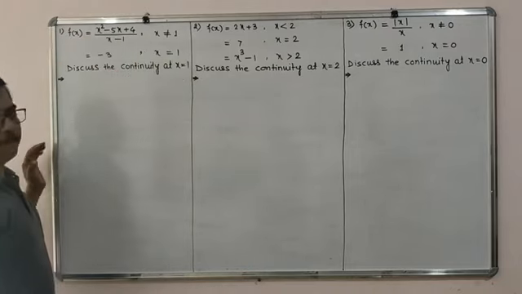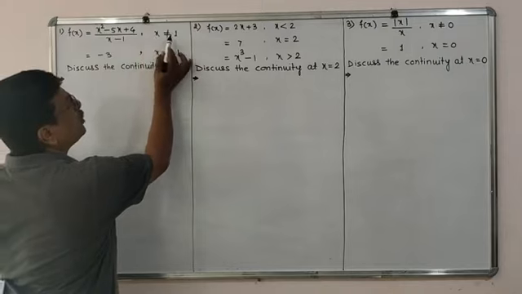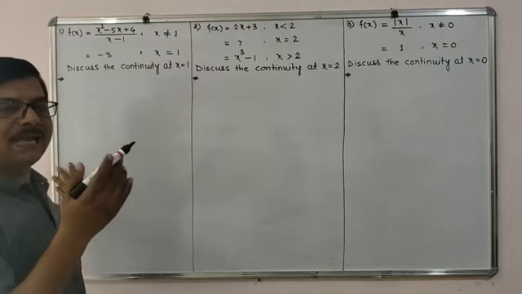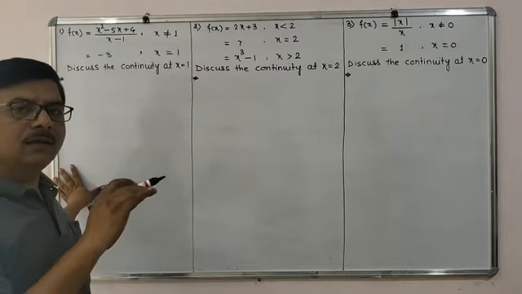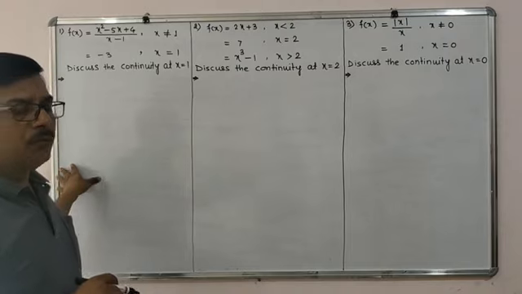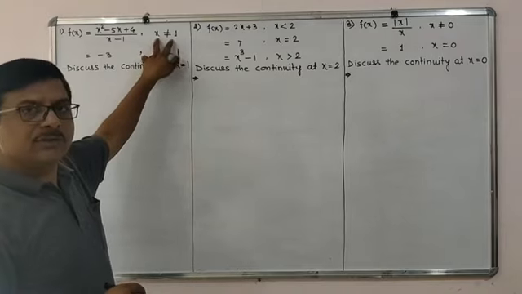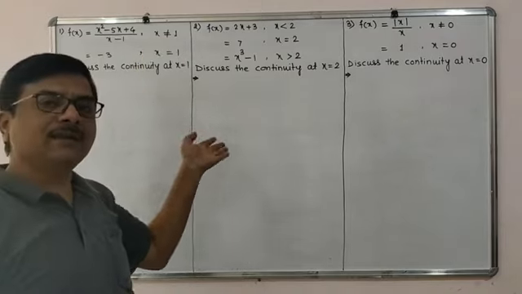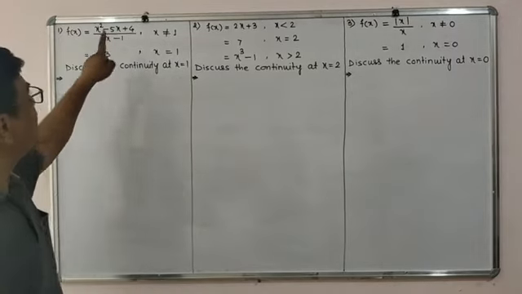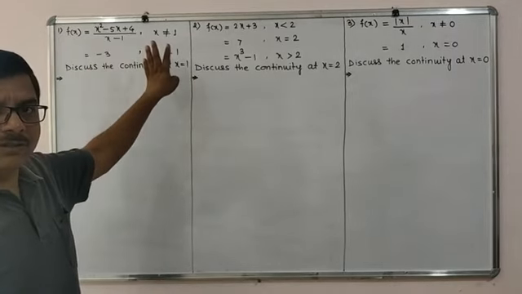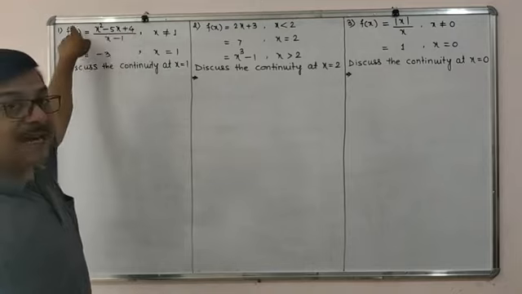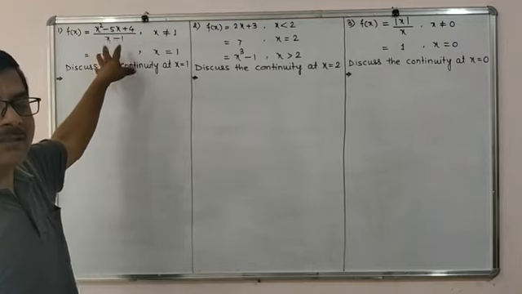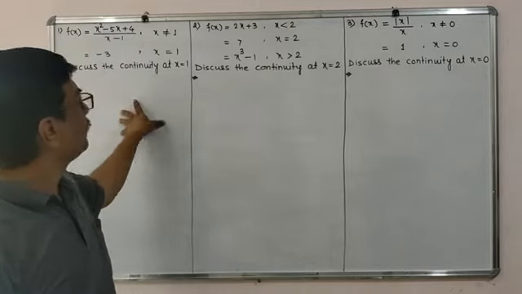In this function, x not equal to 1 means x is either less than 1 or greater than 1. It means for all the values of x less than 1 and greater than 1, the function is the same. It will never change, because this is a rational function and a rational function does not change.